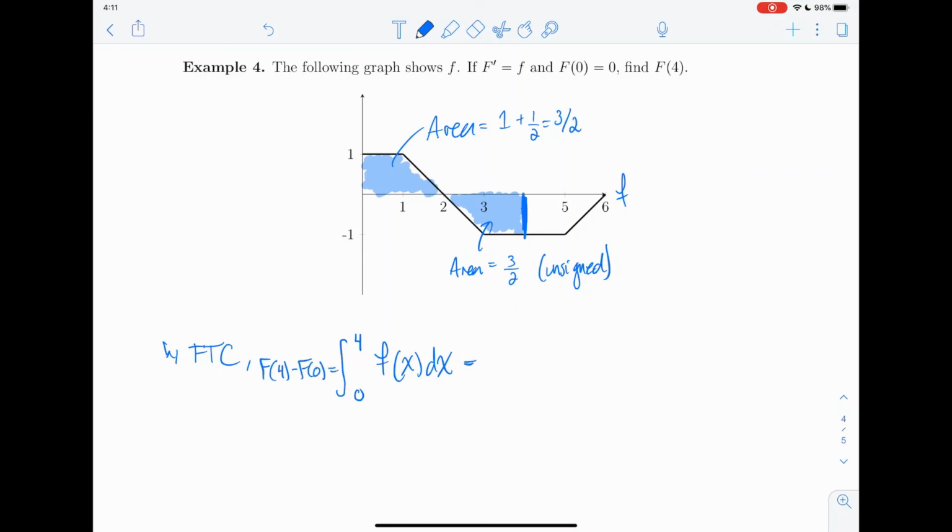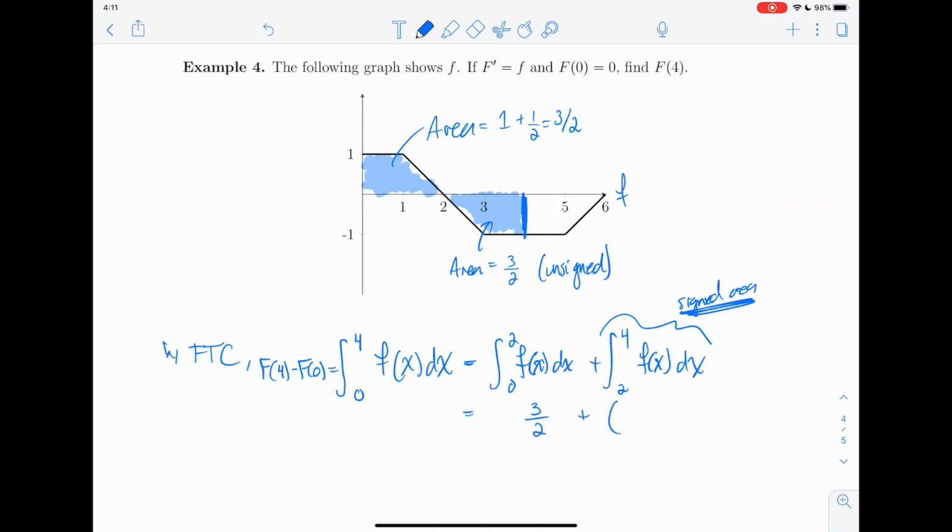But on the other hand, we could rewrite this as the integral from 0 to 2 of f of x dx plus the integral from 2 to 4 of f of x dx, where you have to remember that this is giving me signed area, not unsigned. So here we're going to end up with a 3/2 for the first integral plus a negative 3/2 for the second integral, which actually are going to cancel, and I'll get a 0.